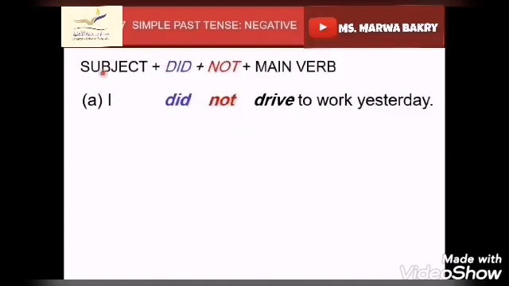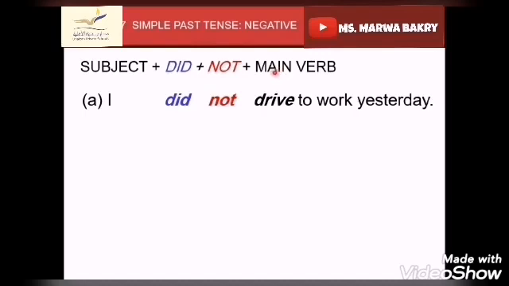Look here. The negative form consists of subject plus did plus not plus the main verb. If we use did not, the main verb is in the infinitive form or the basic form. So we don't say walked, we say walk.